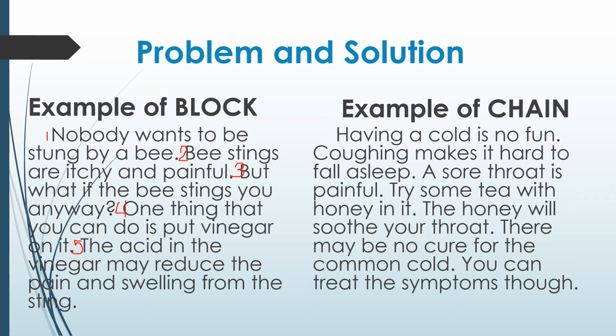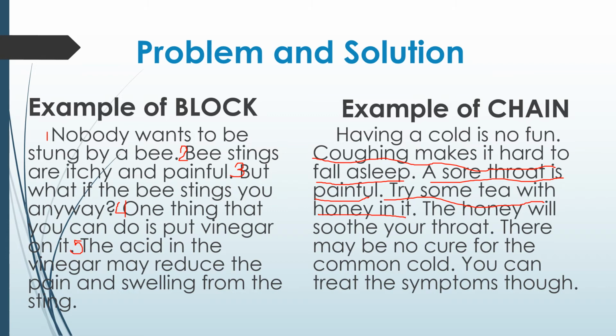So in this paragraph, the problems are that coughing is making it hard for a person to fall asleep, and that a sore throat is very painful. Those are the two problems. And the solution is to try some tea with honey in it.